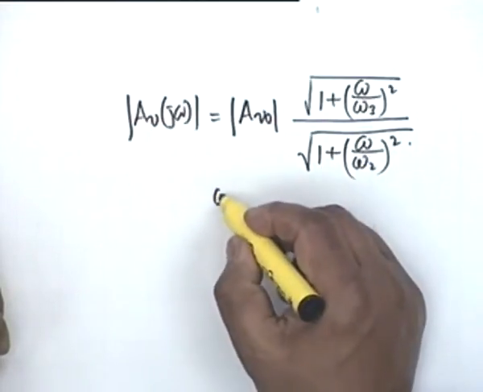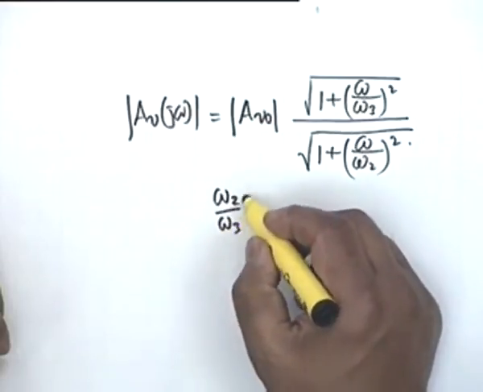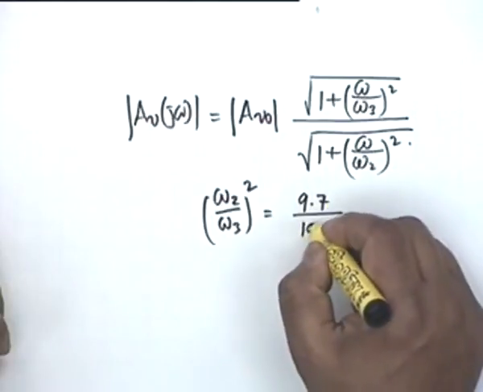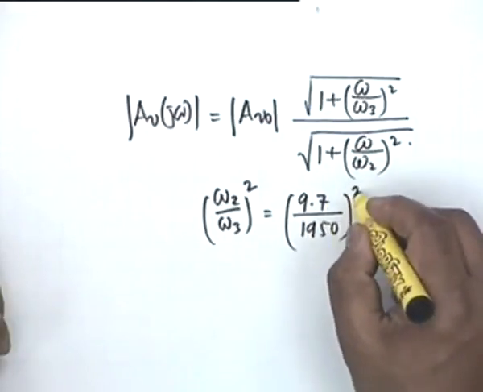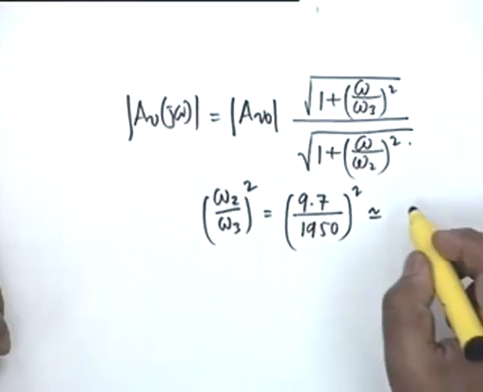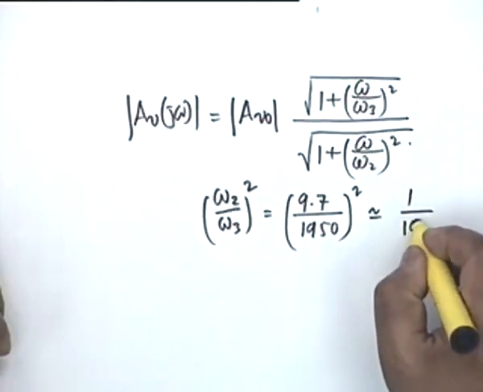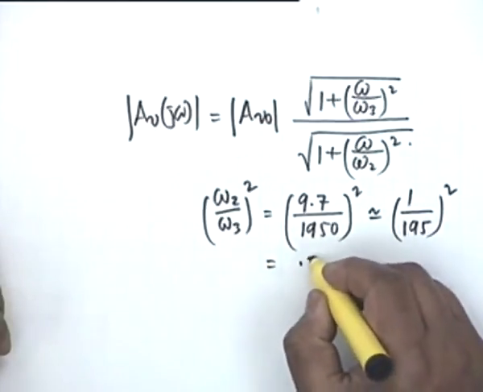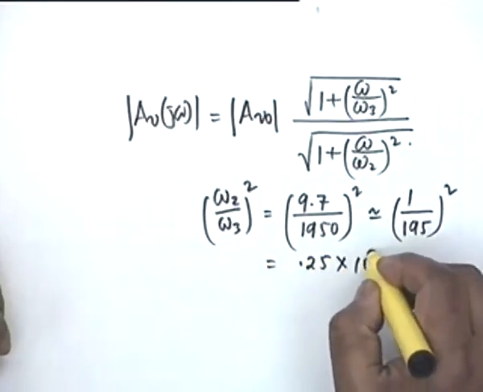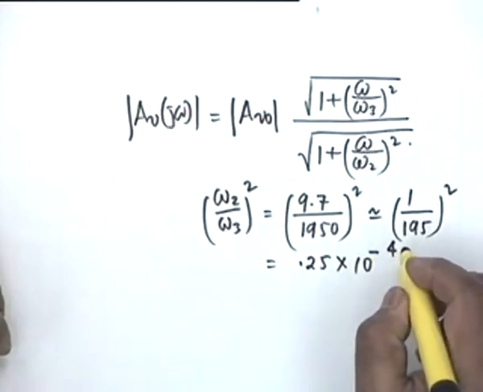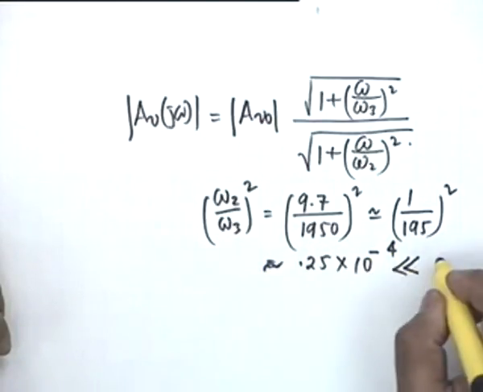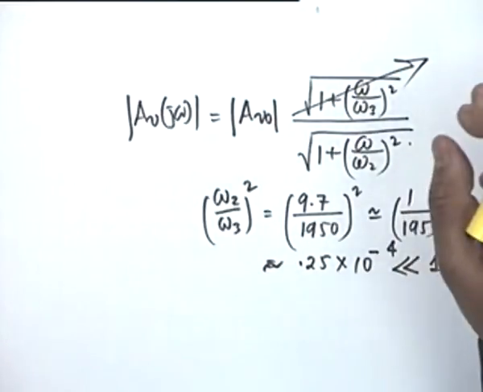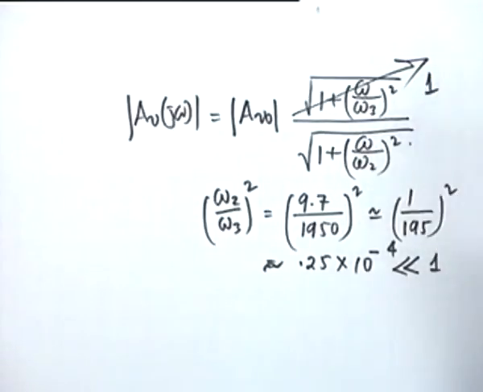But when omega is nearly omega 2, omega 2 by omega 3 squared is 9.7 divided by 1950 squared, approximately 1 by 195 squared, approximately 0.25 times 10 to the minus 4, which is very small compared to unity, and therefore the numerator factor can indeed be ignored. This can be taken as 1.